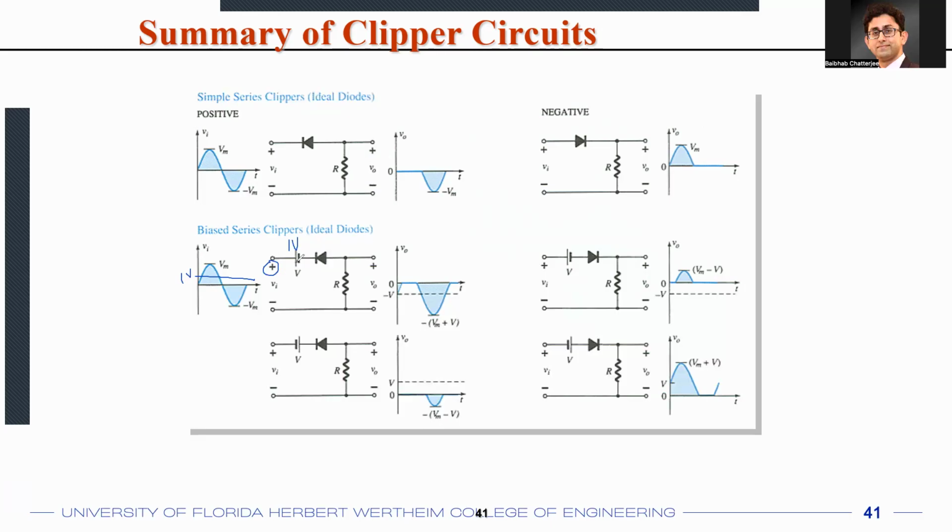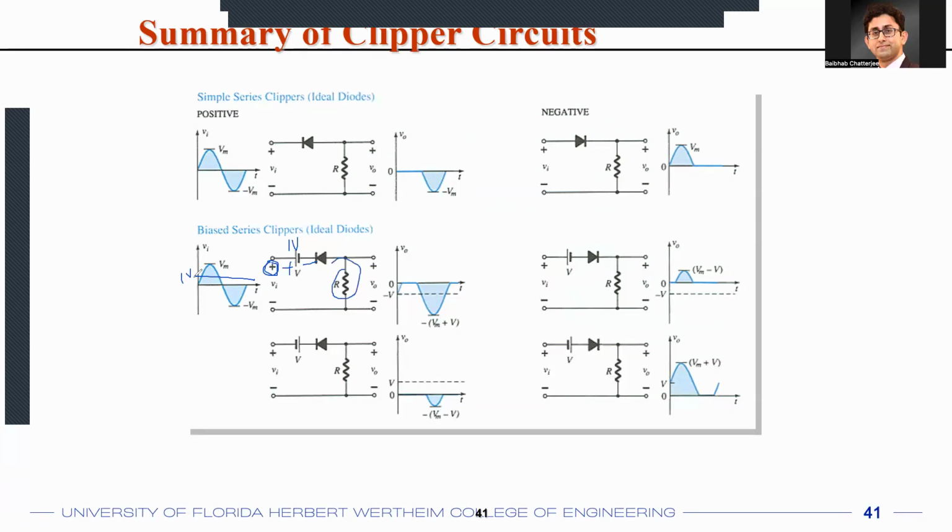Because this 1 volt battery is connected in the opposite polarity to your input, you have positive over here, the battery positive is here, and the battery negative here. So the input 1 volt and this 1 volt of the battery kind of cancel out. So the diode is still in the reverse bias region, and you still get the output. So if you draw a 1 volt horizontal line over here, whatever is below 1 volt, the diode is still reverse biased in that condition. And so whatever is below 1 volt, for that, you'll see the output.